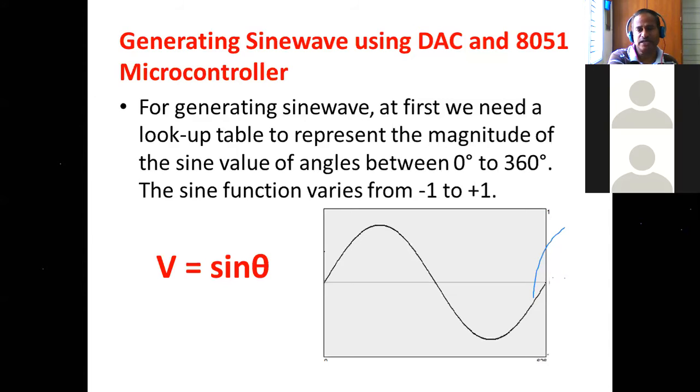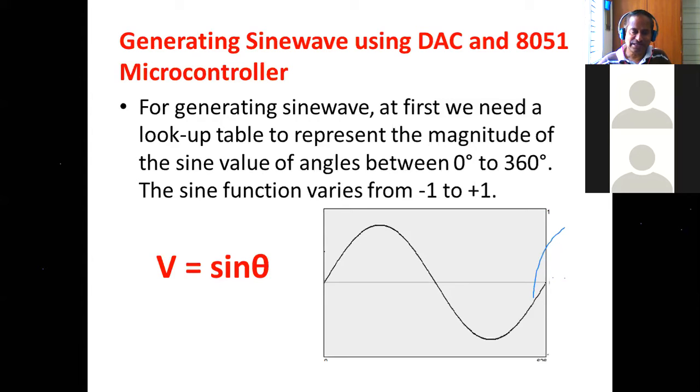So we get an analog signal like this picture. But it is practically impossible to store infinite values of voltage V for infinite values of theta. Okay, our memory is limited.